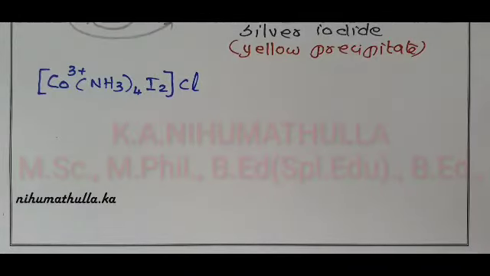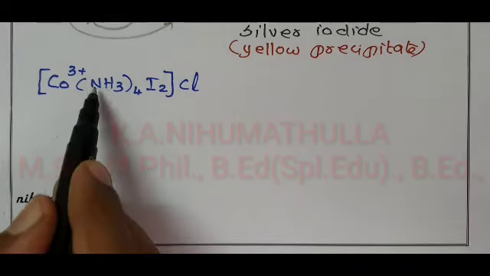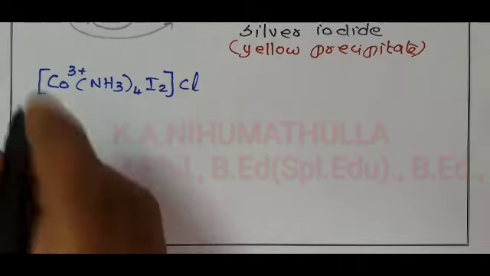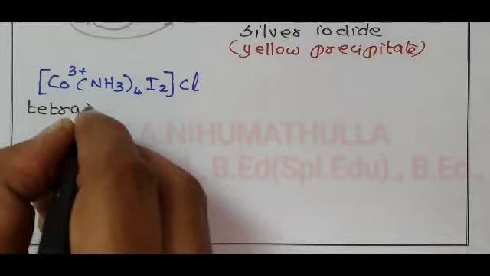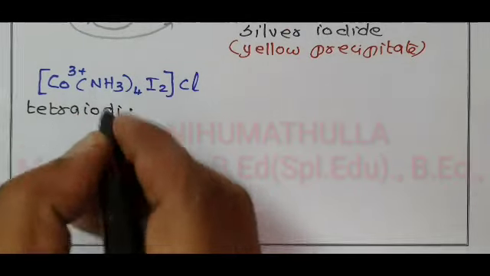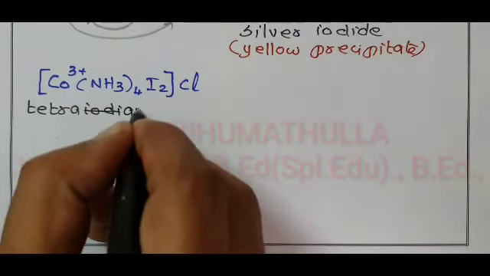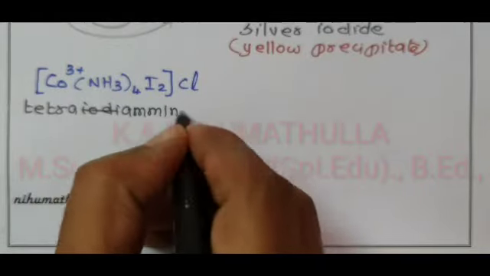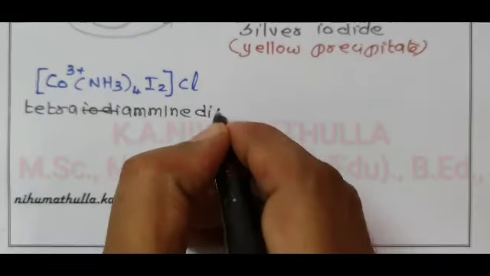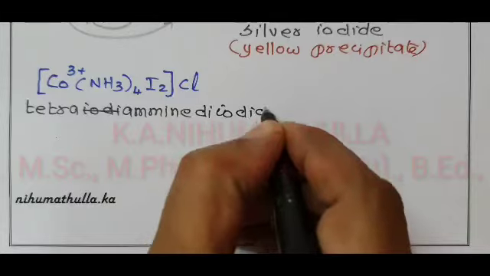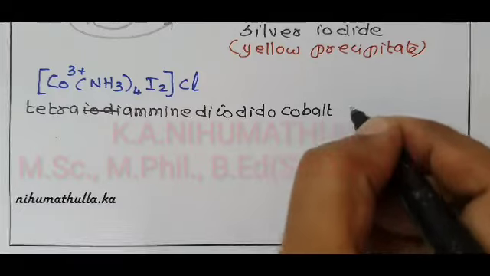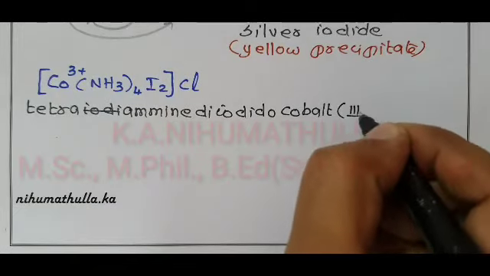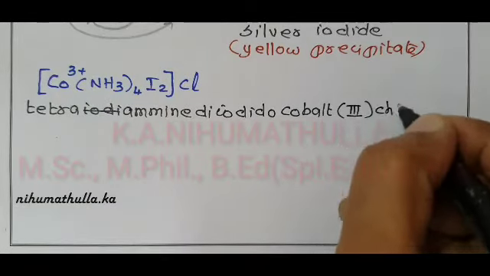What is the IUPAC name of this compound? We can easily write the IUPAC name. Ammine first, iodido second. Tetraamminediiodidocobalt(III) chloride.